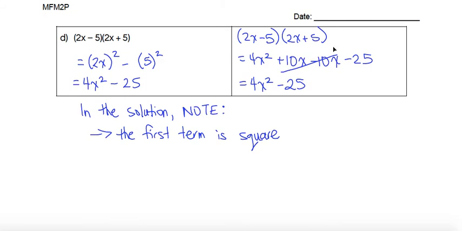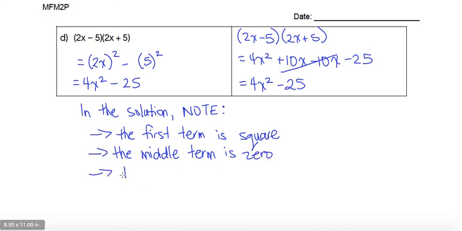The middle term is always 0, so we can see how they cancel each other out. That's why there's only 2 terms left in my solution. The last term is always going to be squared, and it's always negative.